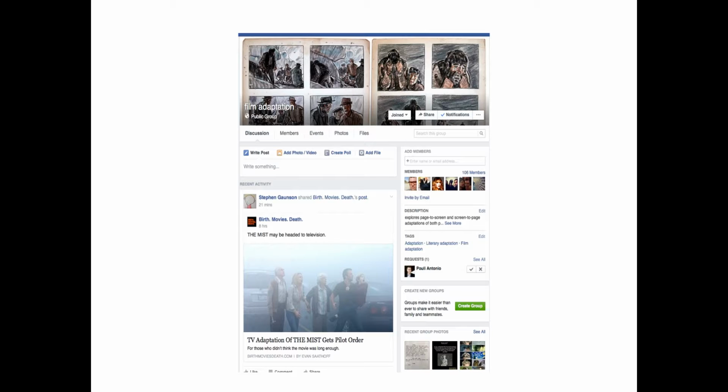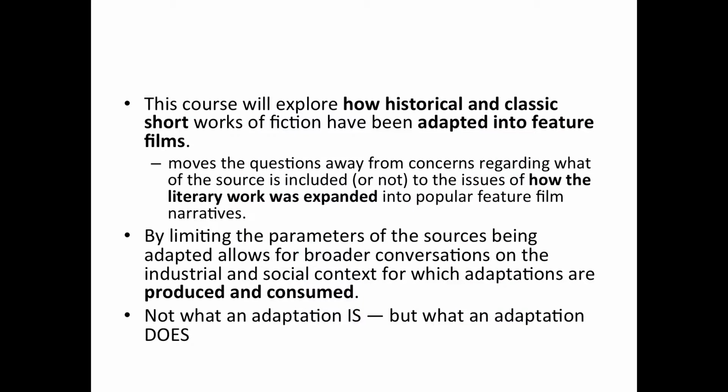Or if I hear about interesting adaptations that are being made, I might put up a link onto this group. Now, it's not just people involved with the course who are part of this group. It's more of a broader group, and they often put things up as well. Like today, I found out that The Mist will be headed to television, which is all very interesting, I guess.